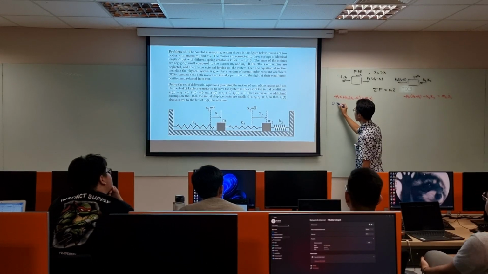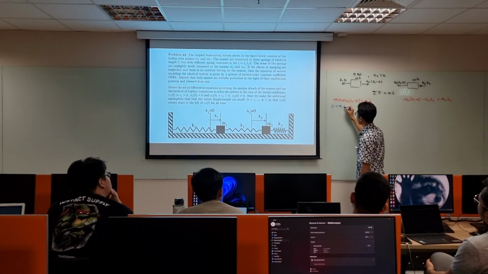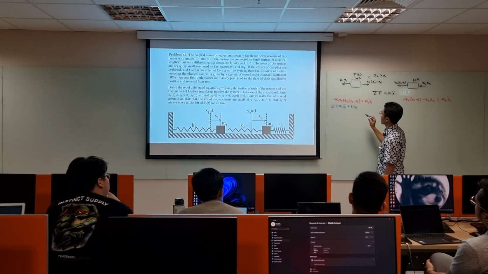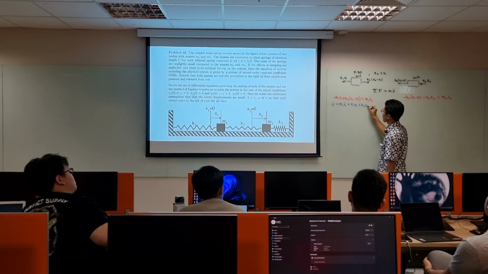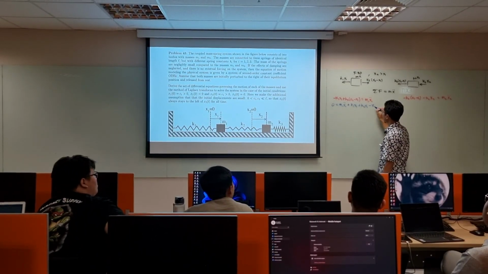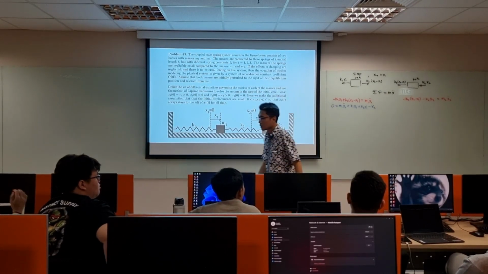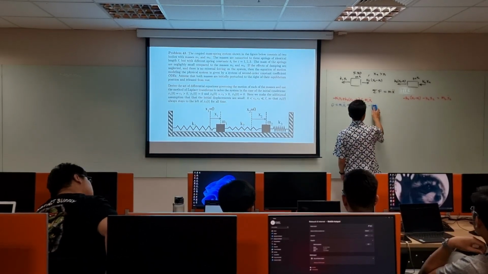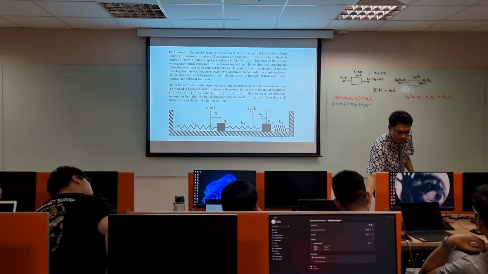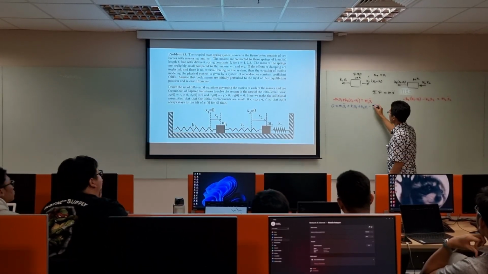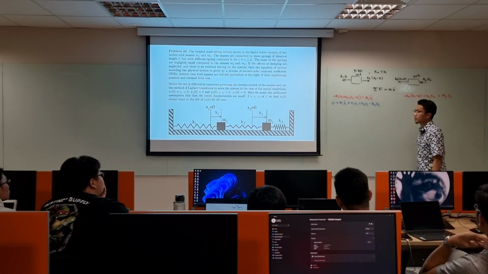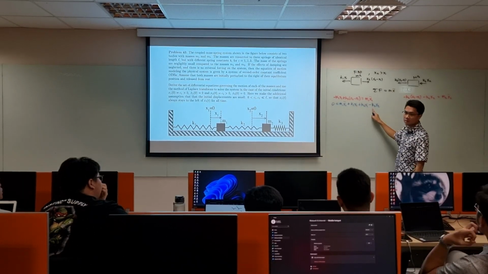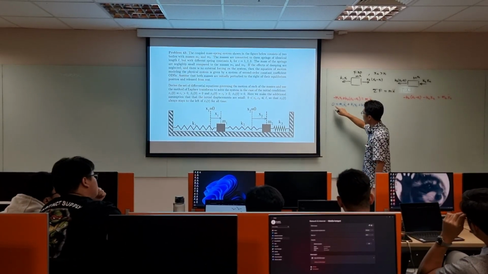We write down 0 is equal to plus K1 x1, plus K2 x1, minus, sorry, minus K2 x2. I bring all of them to the right side. Plus here becomes minus. So I put 0 on the right side.